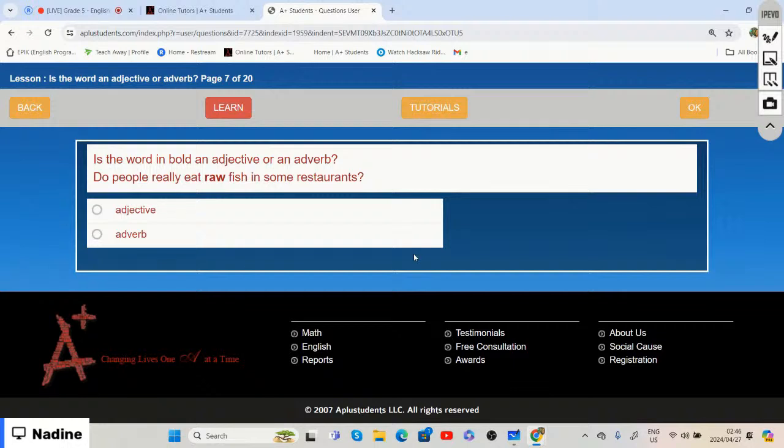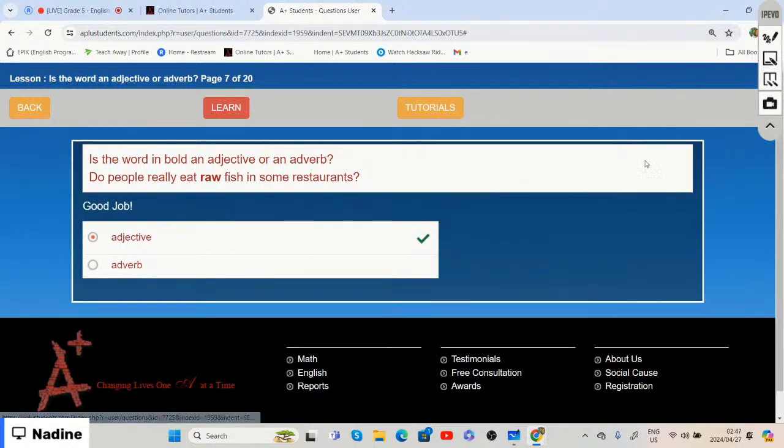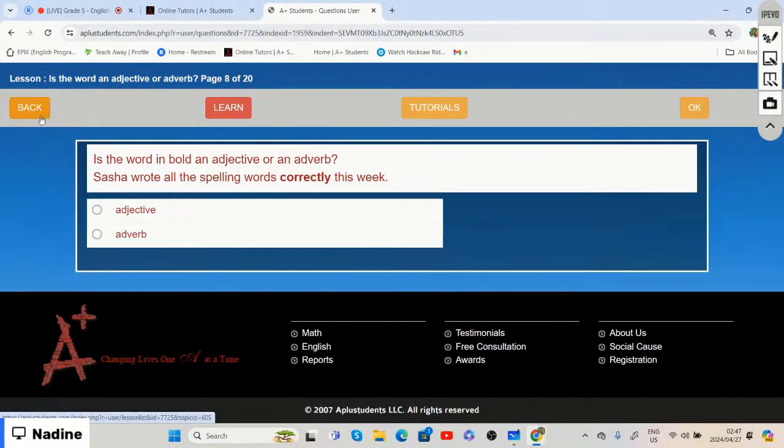Remember, when we have an adjective, it either tells us how many or what kind. So in this case, what kind of fish? Raw fish. So well done.